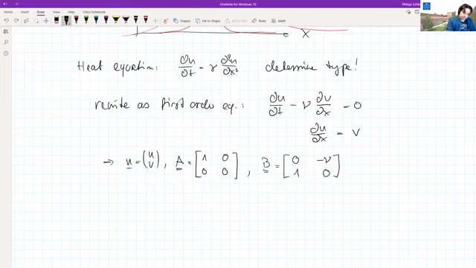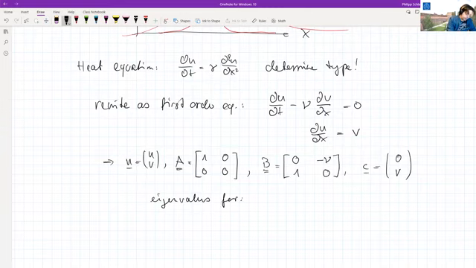And then the inhomogeneity would be 0 and v. That's essentially the right-hand side. And what we now need to do is to calculate eigenvalues for this generalized eigenvalue problem, B times A is lambda A.